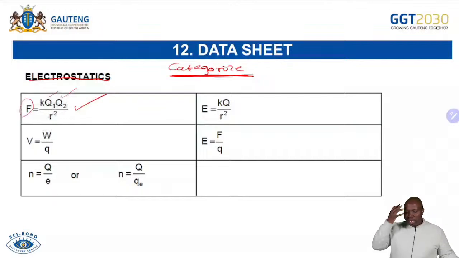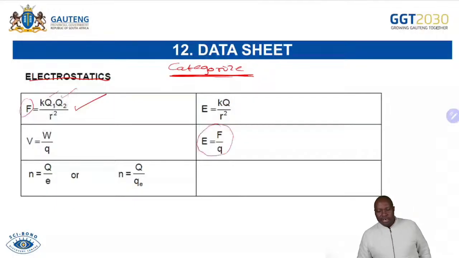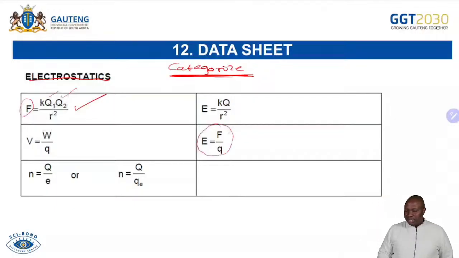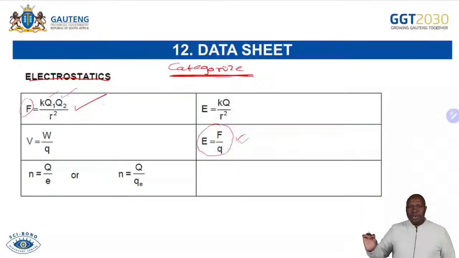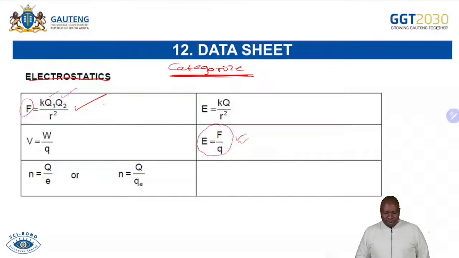And then, as well, electric field at a point: the force experienced per unit positive charge placed at that point. And the electric field is a region in space where a charge experiences a force. So you are able to know those three definitions, and this data sheet will always help you.